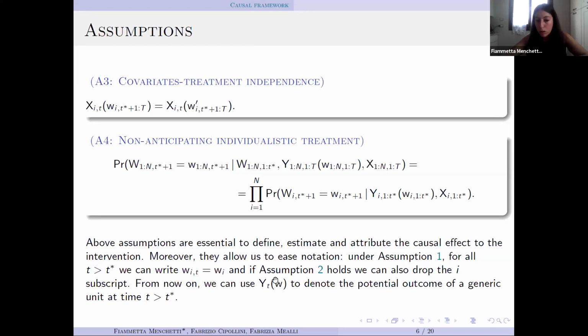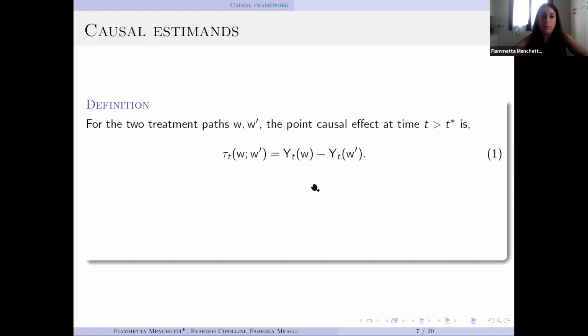So from now on, I will use this simplified notation Y_t(w) to denote the potential outcome of a generic unit at a generic time in the post-intervention period.